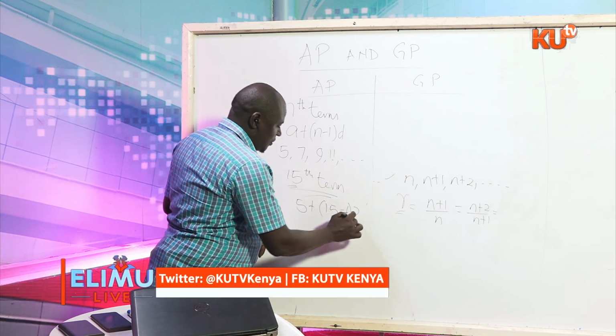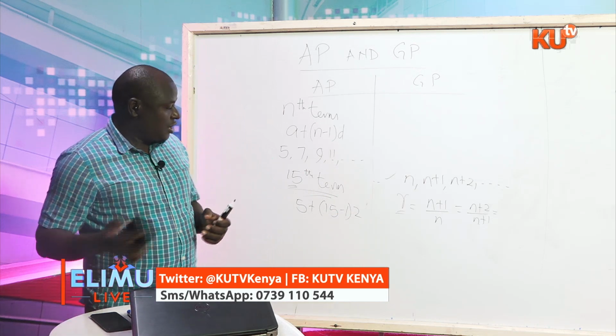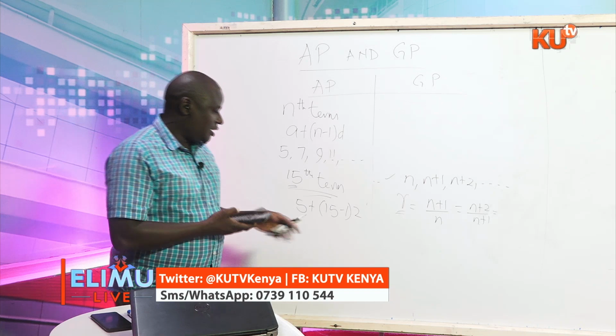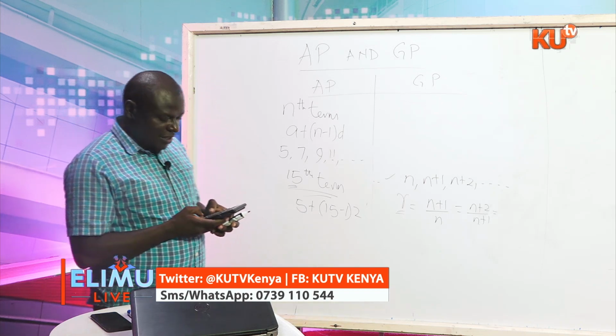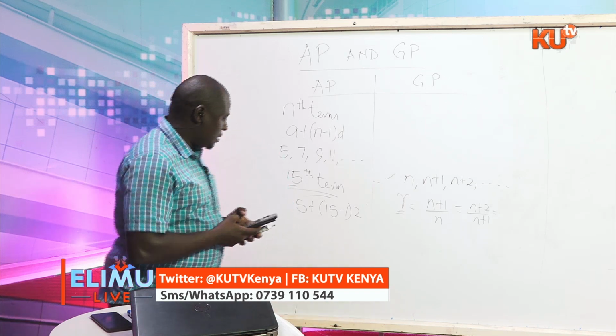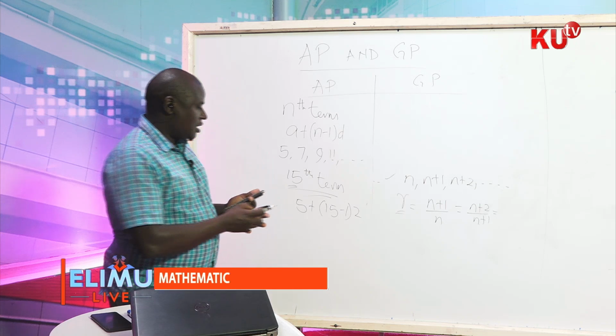What is D? We found our D as 2. Then using your calculator or otherwise, you can always work out the bracket. 15 minus 1, you get 14. You multiply that by 2, you get 28, and then you add 5 to get 33.